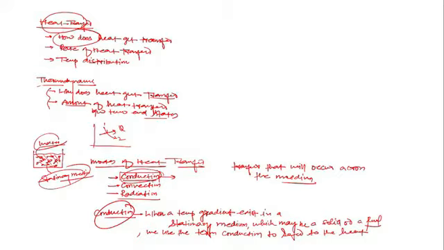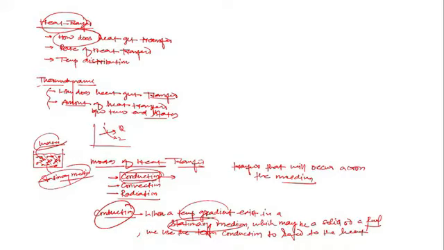Across which medium? Any heat transfer that will occur across the stationary medium because of a temperature gradient is called conduction. Clear? So whenever heat transfer occurs because of a temperature gradient in a stationary medium, that energy transfer is called conduction heat transfer, or heat transfer via conduction.